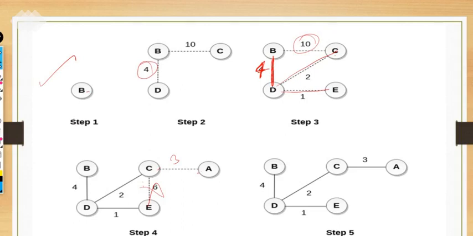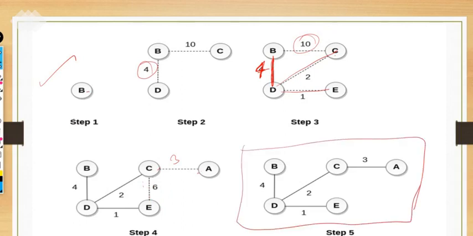The weights may be equal, but not higher. If it is equal, then also we have to remove one of those similar weights if it is creating a cycle here. Okay. So this is the final minimum spanning tree, which consists of the least weight.